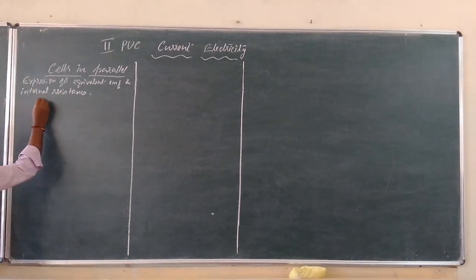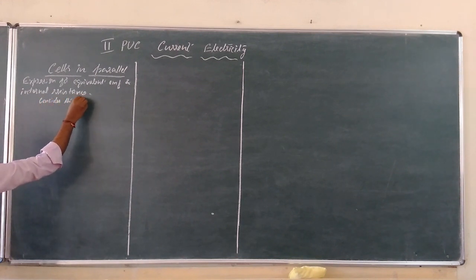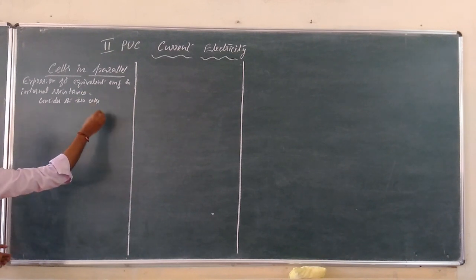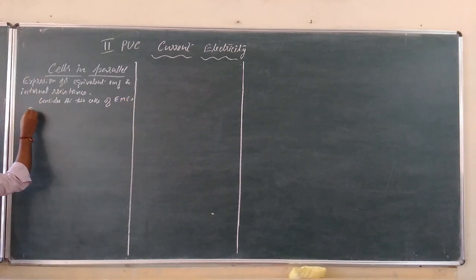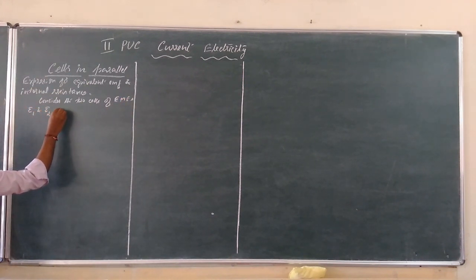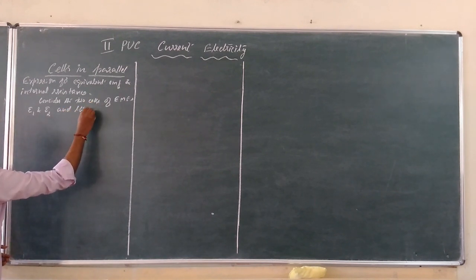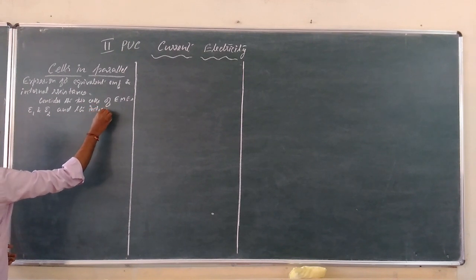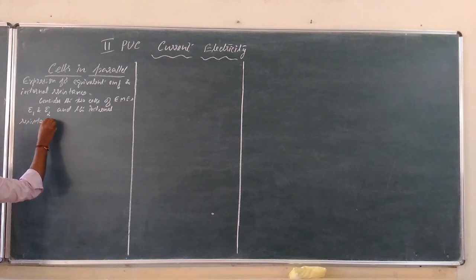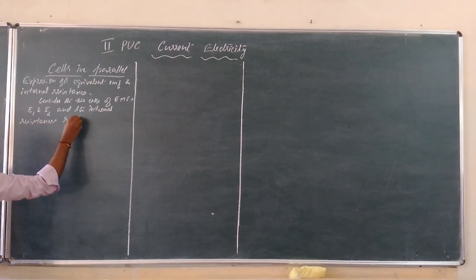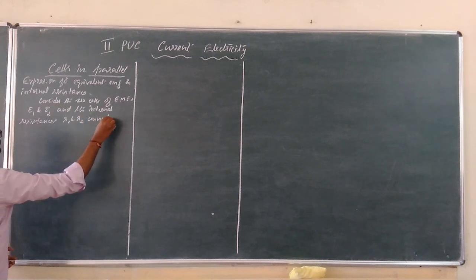Okay, so consider two cells of EMFs E1 and E2 and internal resistances R1 and R2, which are connected in parallel.